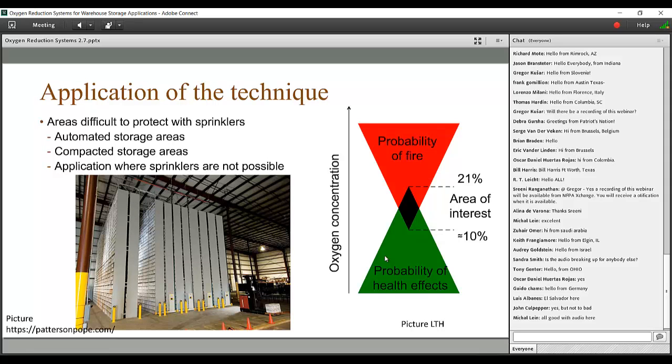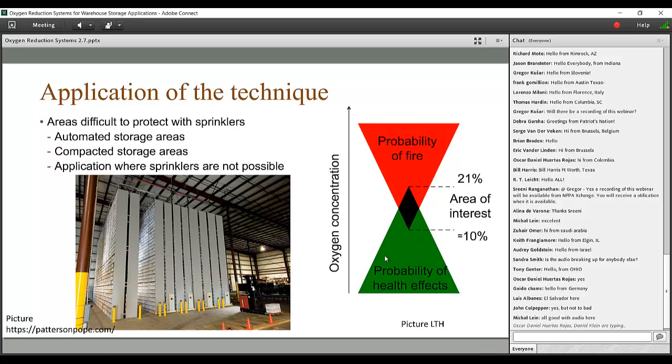Where this technique is very interesting for us is in areas where it might be very difficult to use sprinklers. That means maybe very automated storage areas where there is a lot of complex and very compact storage, and where, due to the fact that you want to do everything automated, it's very difficult to get everywhere with the sprinkler system.